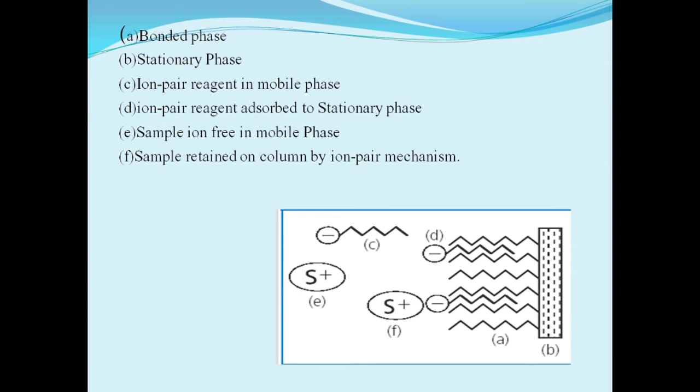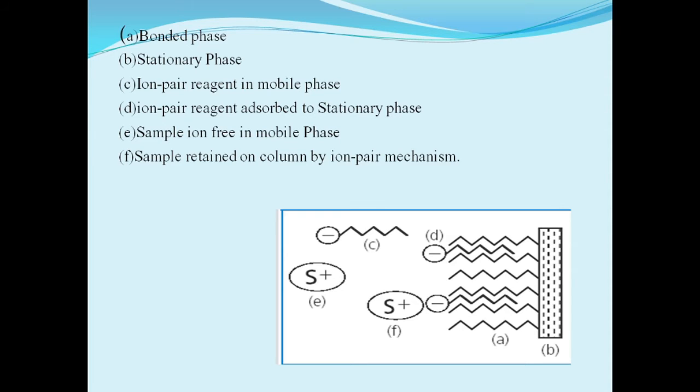Negatively charged reagent can be used to retain positively charged analytes, that is ionic bases. For example, A+ + R- gives A+R-, where A+ is the ionized base and R- is the ion pairing reagent.